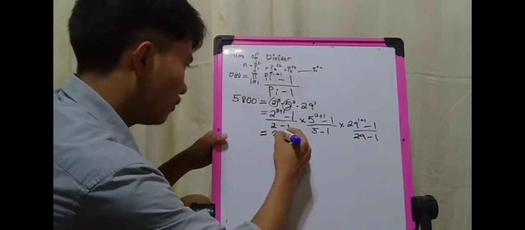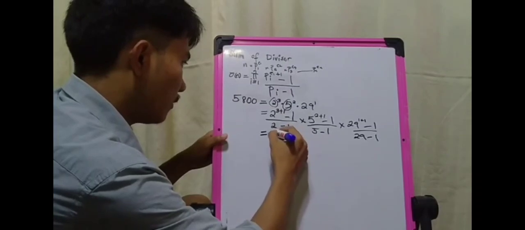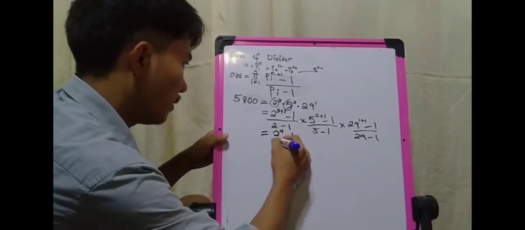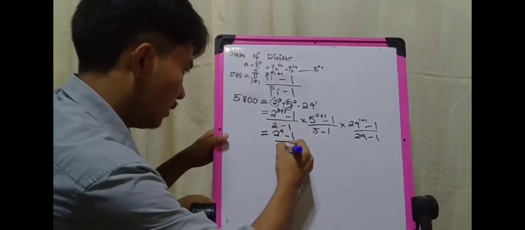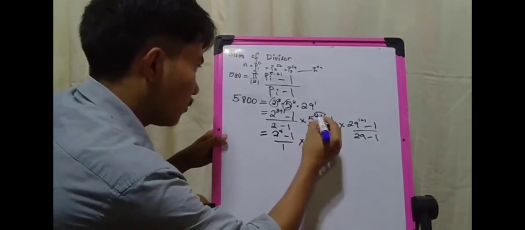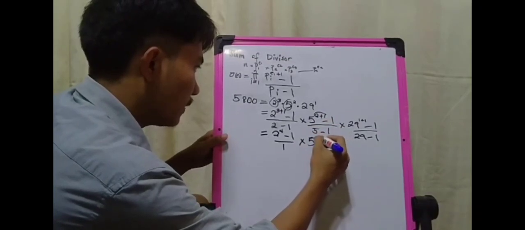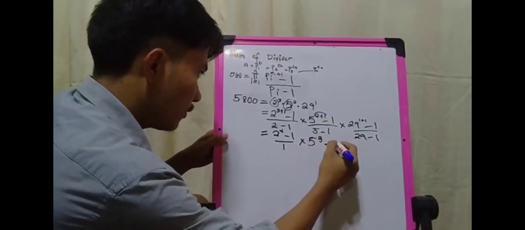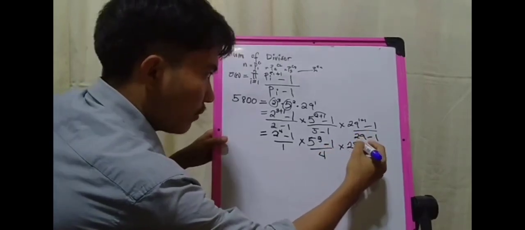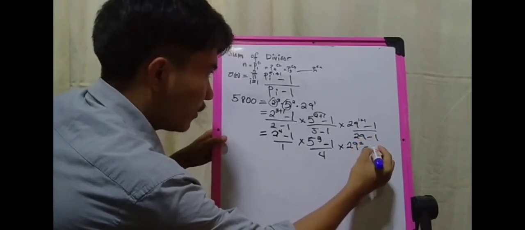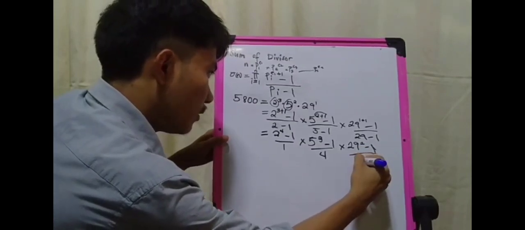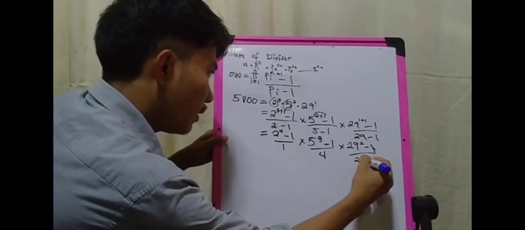So for 2, the 3 plus 1 is 4, minus 1 over 2 minus 1 is 1, times 5, 2 plus 1 is 3 minus 1 over 4, times 29, 1 plus 1 is 2 minus 1 over 28.